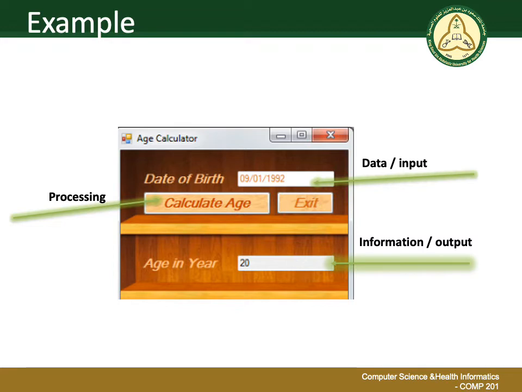We consider the age now as information, output, because we did some kind of processing to produce this output. So we have input, we do some processing, and then we get output information. I hope that the difference between data and information is now clear to you. Data is before processing, information is after processing.